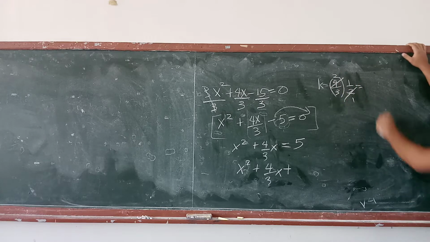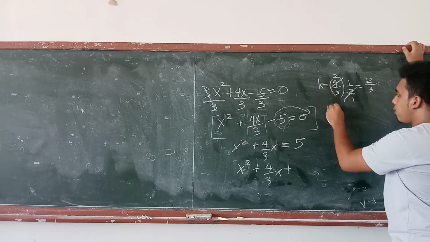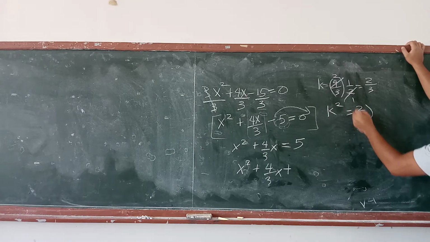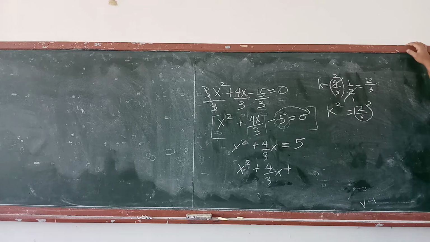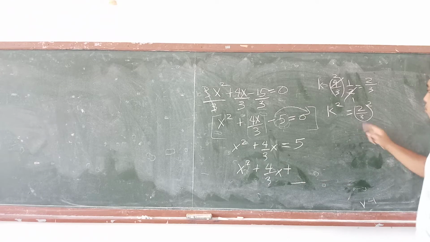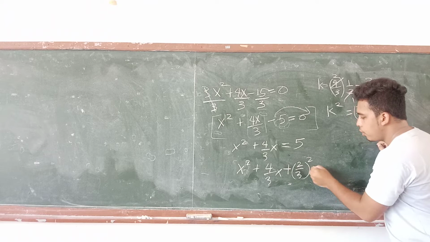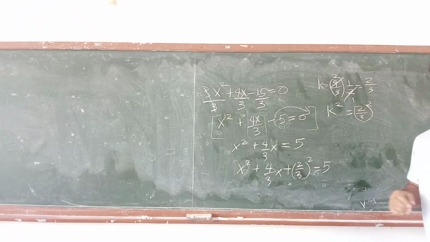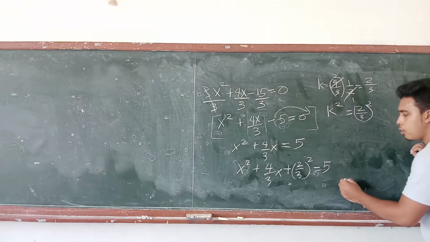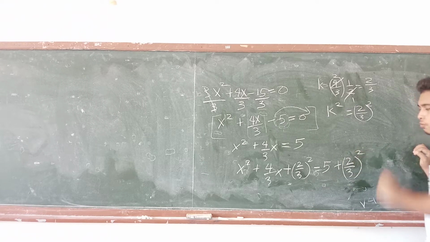So the remaining will be 2/3. Then again, since we need the value of k raised to the power of 2, so 2/3 to the power of 2, that would be the value of this area. So 2/3 raised to the power of 2 equals 5. Then whatever you put on your left hand side, that would be for the right hand side. So 5 plus 2 over 3 to the power of 2.